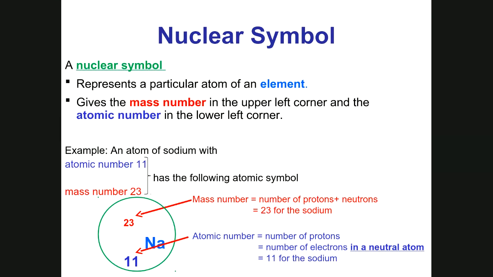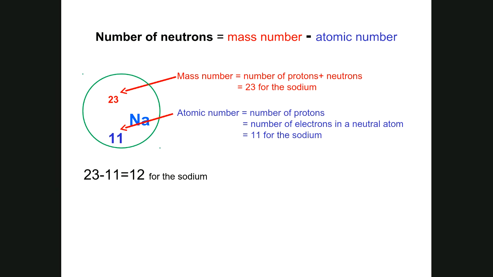Now, how many neutrons do I have? I just explained to you that 23 is the mass number, the number of protons plus the number of neutrons. The number of protons, I know it, it's 11. So 23 minus 11 equals 12. Therefore, the number of neutrons is 12 for the sodium.